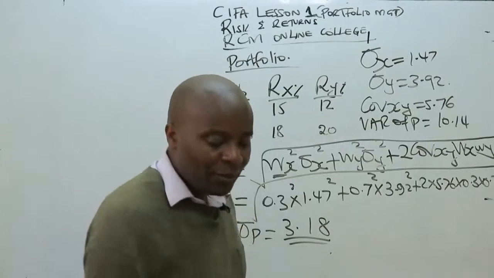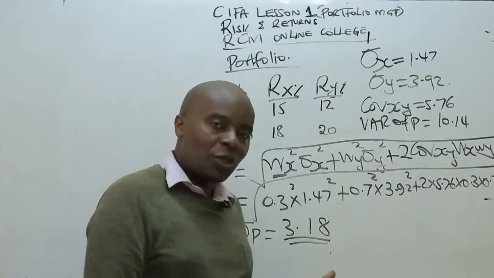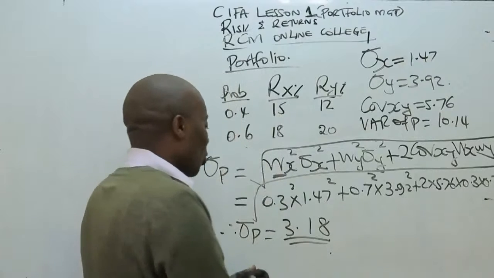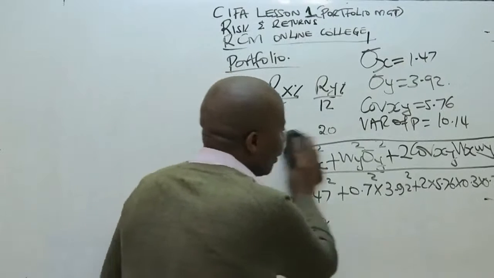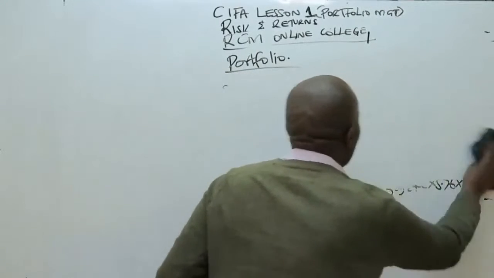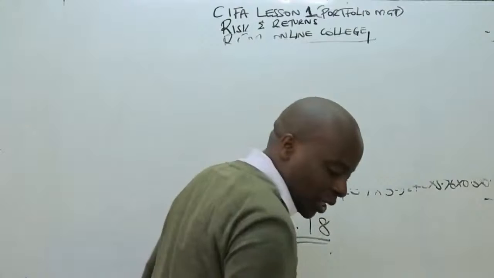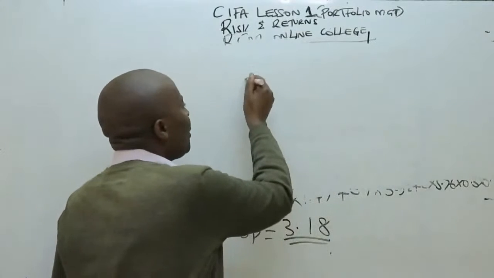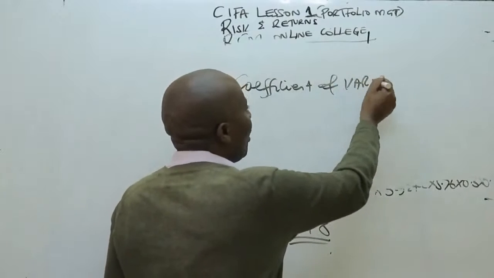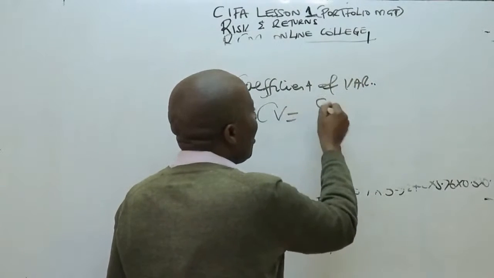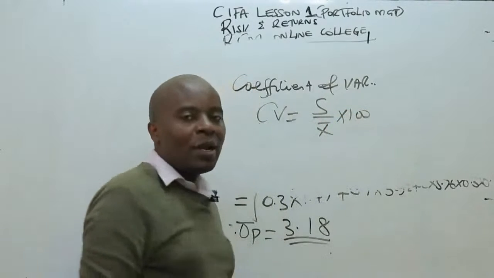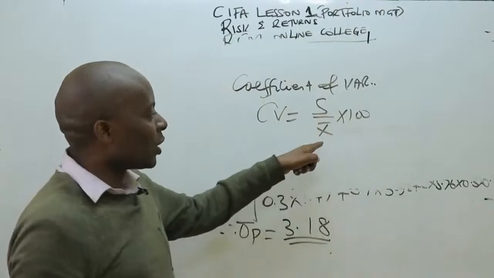Ladies and gentlemen, the moment I have the standard deviation, in most cases these examiners would want you to ascertain the CV, the coefficient of variation. The coefficient of variation is also a measure of risk. To get it, we normally take the standard deviation over X bar times 100.